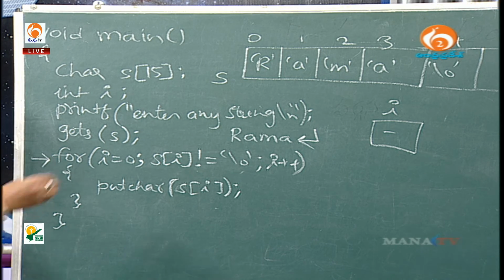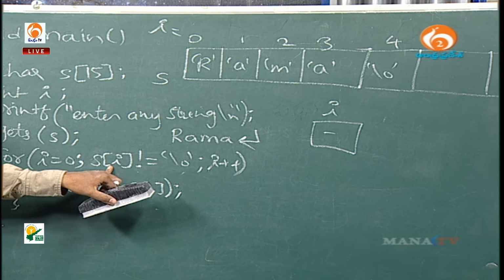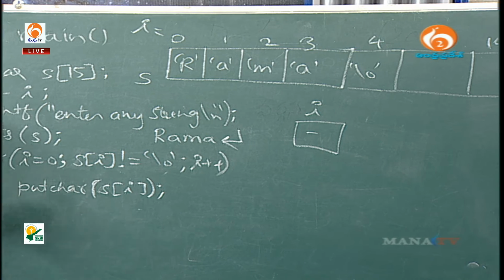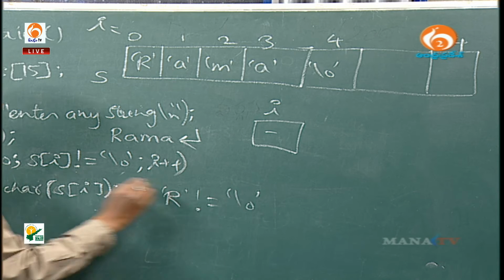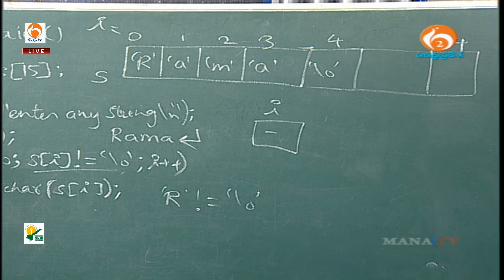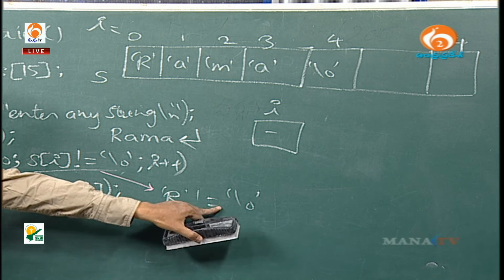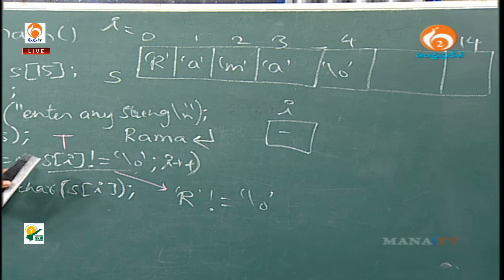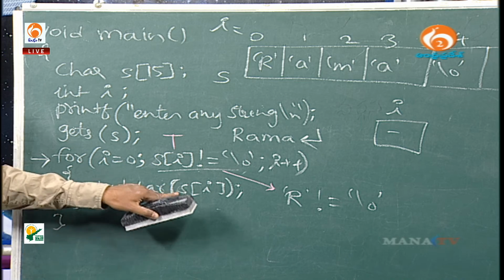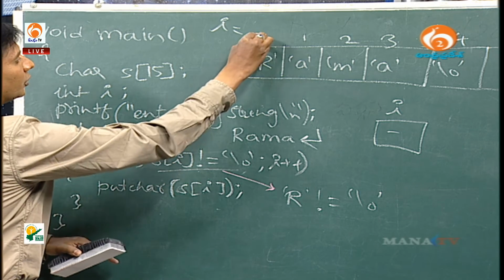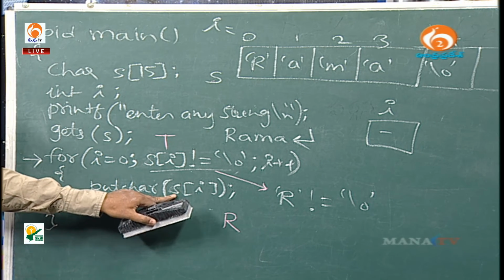Next, for loop, for i equal to 0. A of 0 means what here, that is R is not equal to \0. That is the meaning of this. R is not equal to \0, which is true. The condition becomes true, so the control enters the body of the for loop: putchar s of 0, that is R. R is printed on the screen.